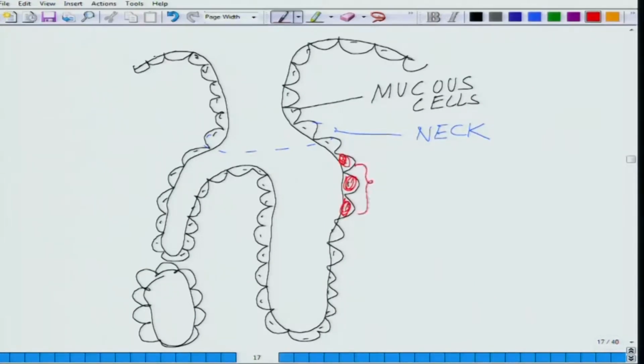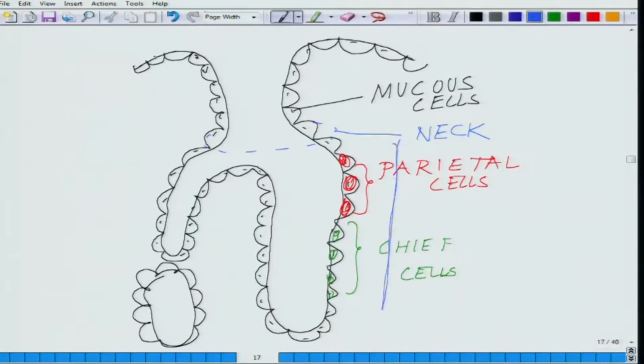These are called parietal cells. Underneath that I am putting in green a series of cells called chief cells, and you have a series of smooth muscles around it.